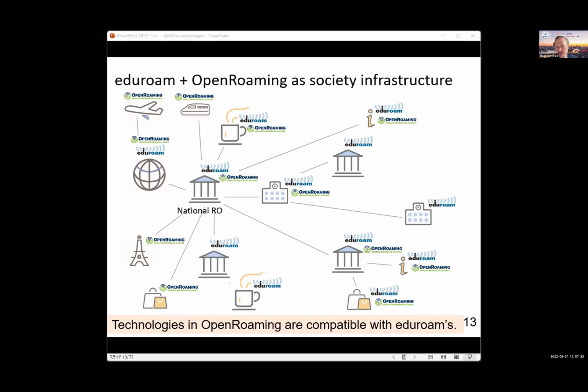So one question. No, I think there are no end device compatibility issues unless you've got very old devices. Devices that can do Eduroam can do OpenRoaming, so there is no difference in those handsets.